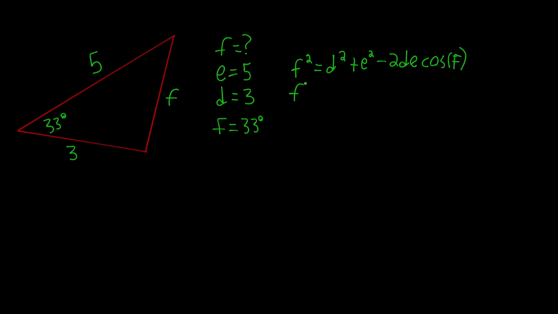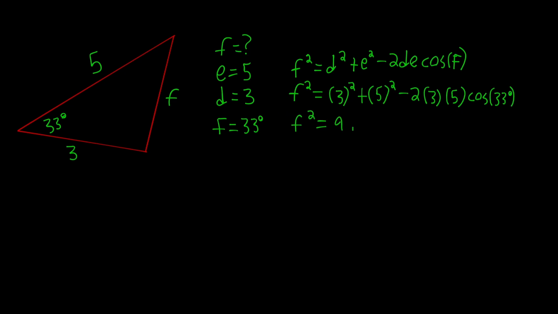So we have that f squared is going to be equal to 3 squared plus 5 squared minus 2 times 3 times 5 times the cosine of 33 degrees. Here I'm going to get that f squared is equal to 9 plus 25 minus 30 times the cosine of 33, which is 0.8387.